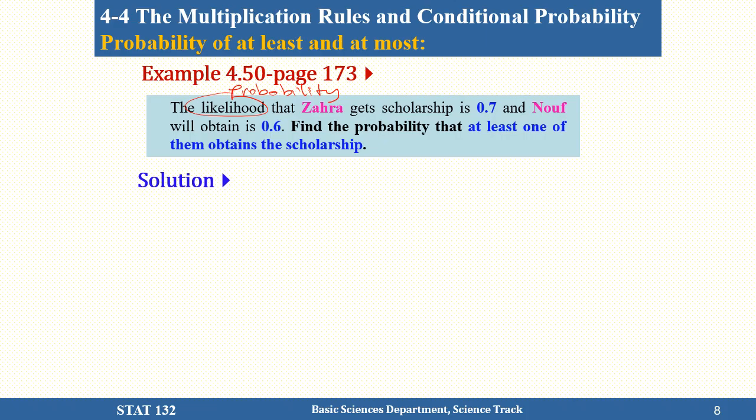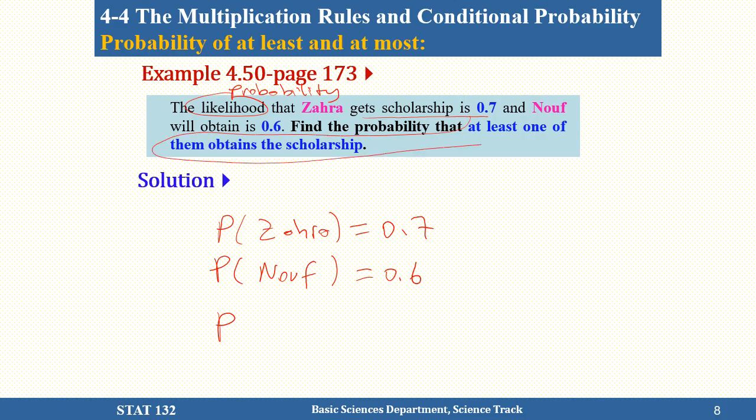So the probability that Zahra gets the scholarship is 0.7, and Nuf will obtain it is 0.6. What is the probability that at least one of them obtains it? So it means Zahra or Nuf will get it.